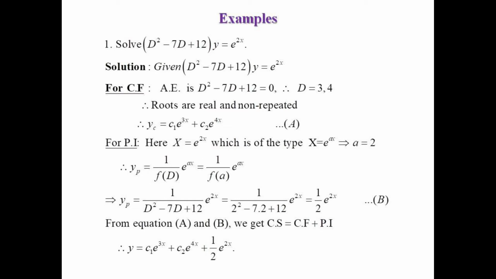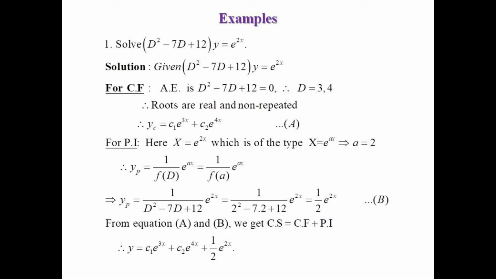So here the particular integral is equal to 1 upon f of D, where f of D is D square minus 7D plus 12, into e raised to 2x. Replace D by a, where the value of a is 2. So we get 1 upon 2 square minus 7 into 2 plus 12, into e raised to 2x.